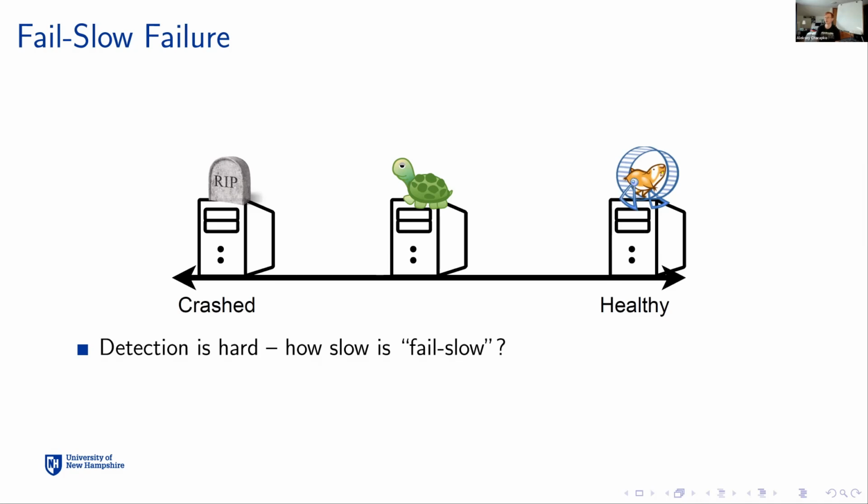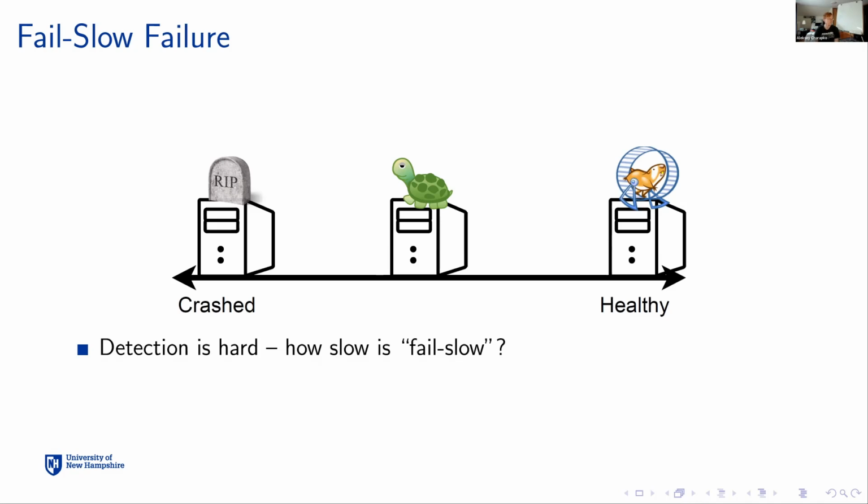But it doesn't work this way. You need to somehow set those thresholds, and they will differ from system to system. They will differ for different types of hardware, different models, different manufacturers, and so on. So setting those thresholds is very cumbersome, error prone, and requires a lot of human expertise.